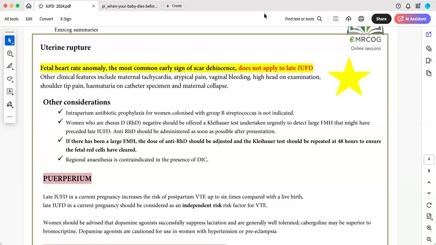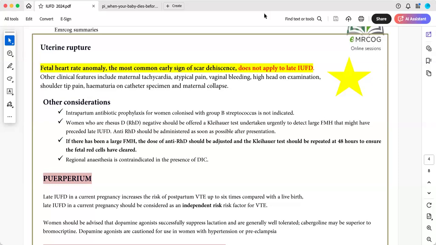Okay, so what is the precaution when you are inducing labor for a woman who has a scarred uterus? In the cases of a live baby, what we do is we keep the CTG on, right?